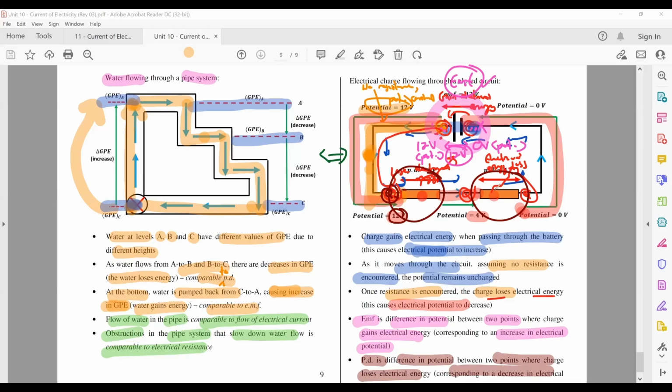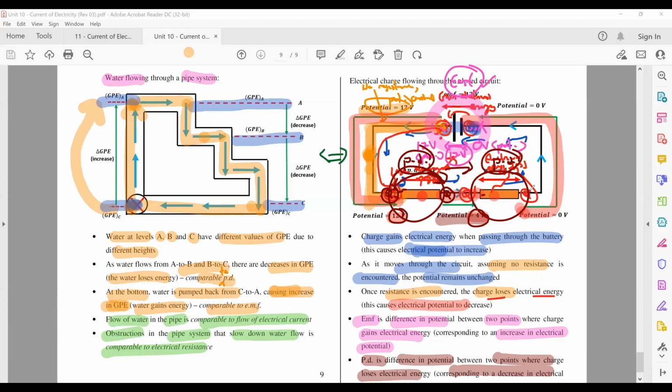It was converted to heat energy, or heat dissipation. So when the charge came out of the resistor, it had a decreased potential because it lost some electrical energy. The potential is now 4 volts. These two differences in potential are what you know as PD. The same could also be said for here. This one is also PD.